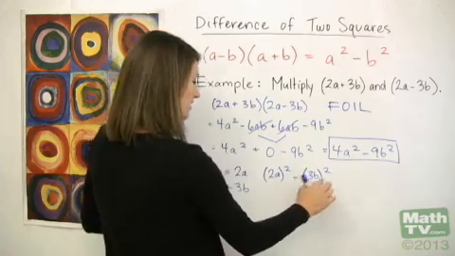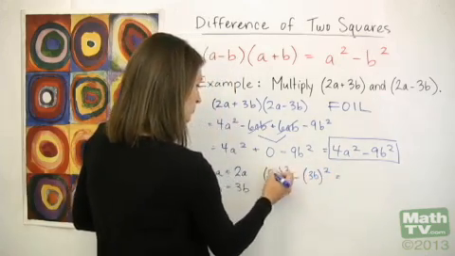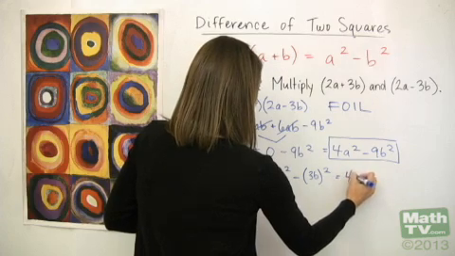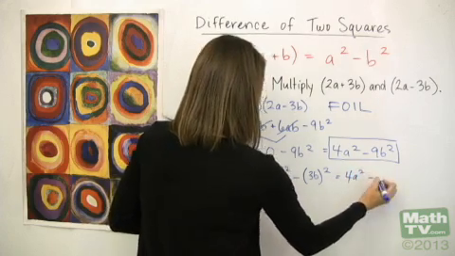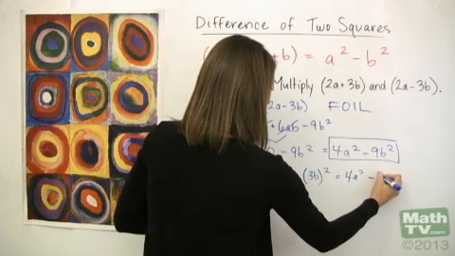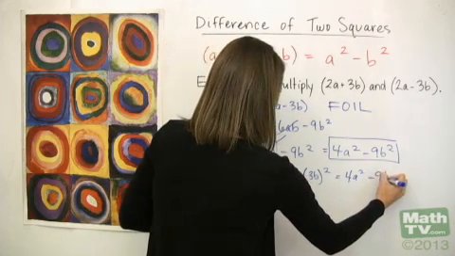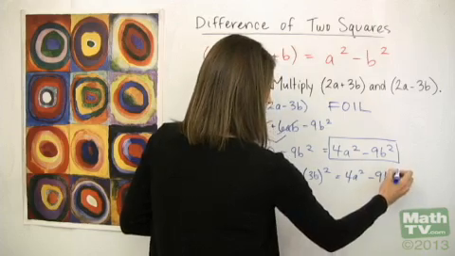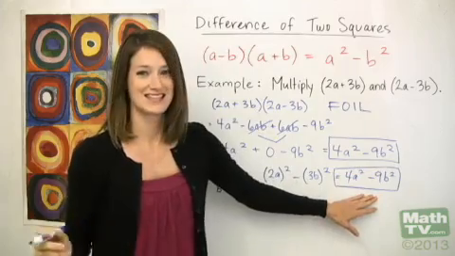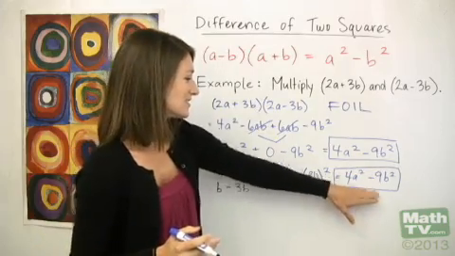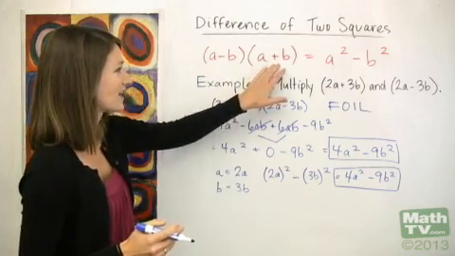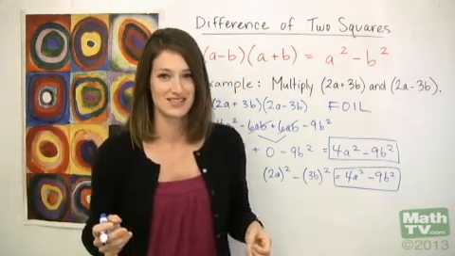Then if we simplify this, let's distribute our powers. So 2 squared is 4, and then a squared, minus 3 squared, which is 9, and then b squared. We end up with the exact same product. So this is a difference of two squares when you multiply two binomials that only differ in the operation symbols.